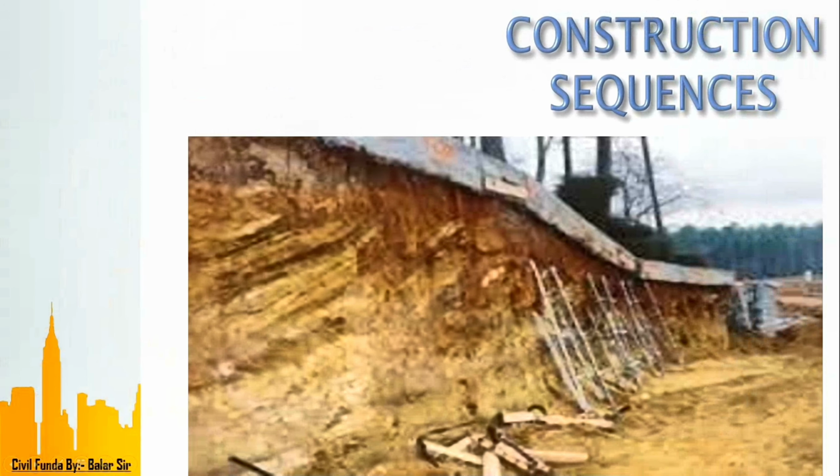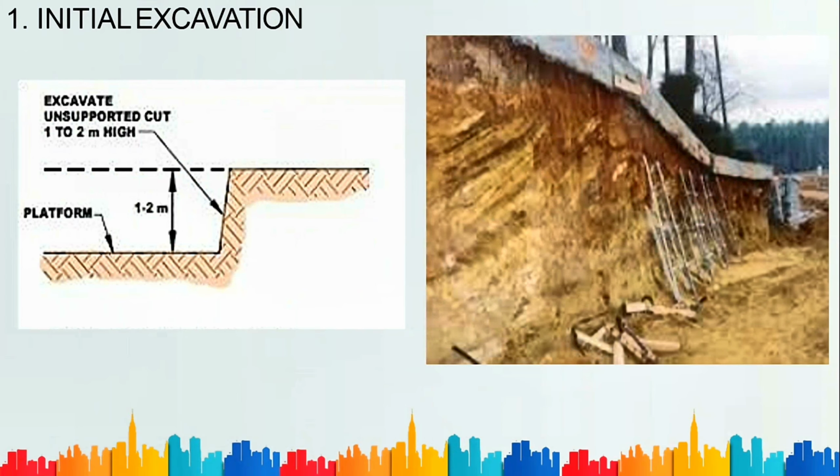Now the sequence of grouting. What is the actual process when I choose the grouting process? These are the different sequences relevant to different types of construction. First I need to initiate the excavation work when I choose the grouting process. The grouting process is also used to stabilize my entire excavation area.